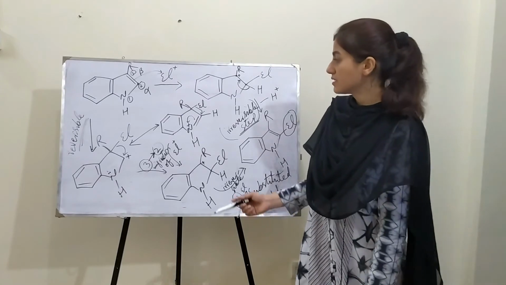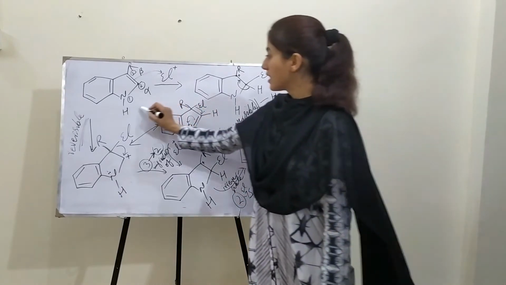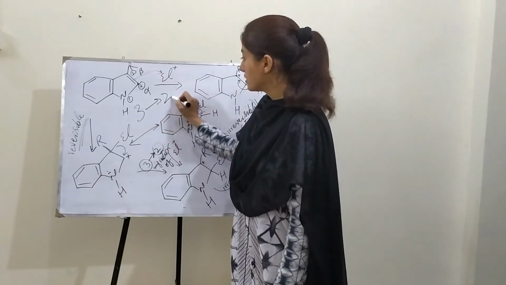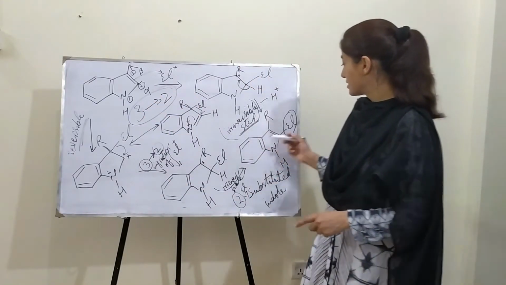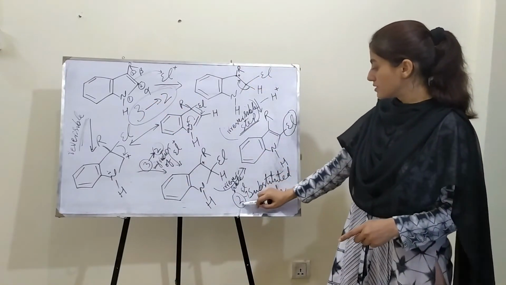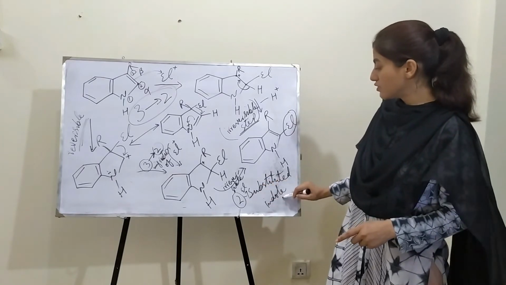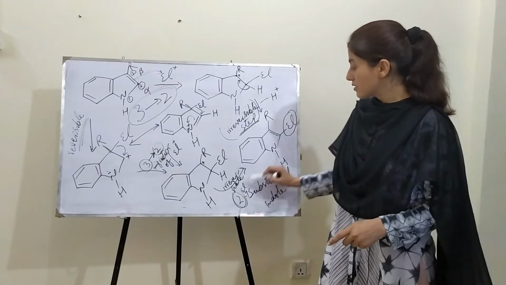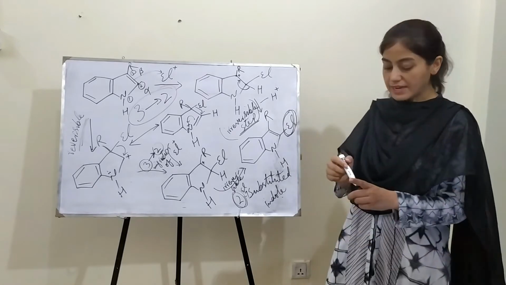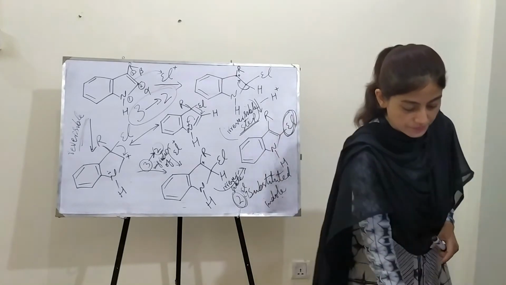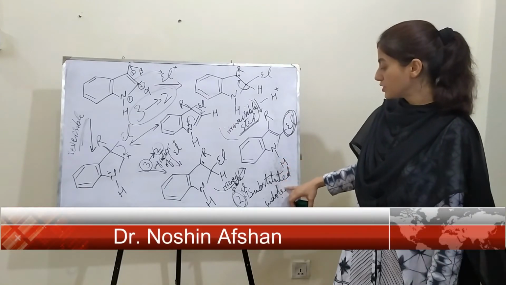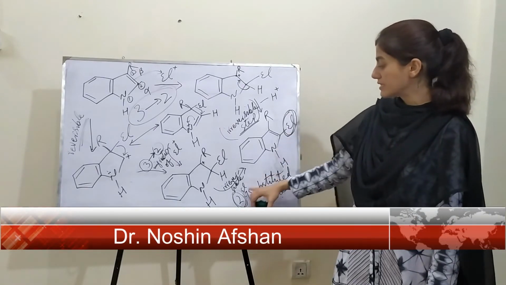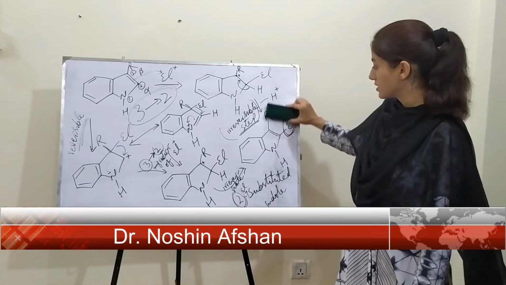So this shows the 3 to 2 migration of the electrophile, giving electrophilically substituted indoles where the electrophile is attached at the 2 position.